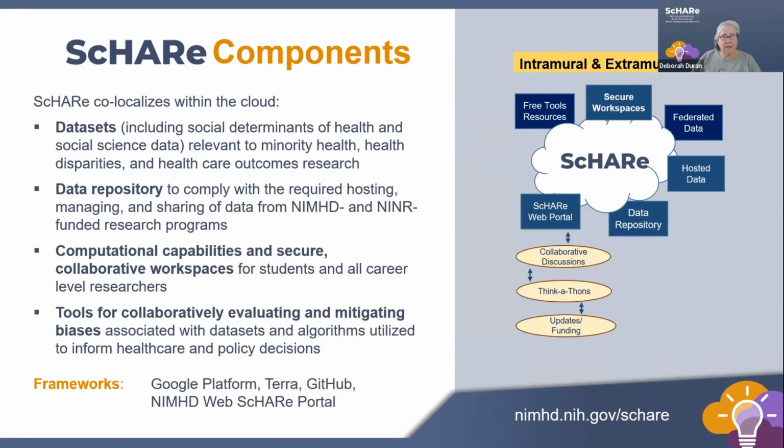We are in phase 2, which is building a data repository where people can upload their data into the ScHARe platform. It has computation abilities and tools for cloud computing. It is a Google platform. That's why a Gmail account or something related to Google is required to get into it. We also have GitHub, and the NIMHD webpage has a portal.